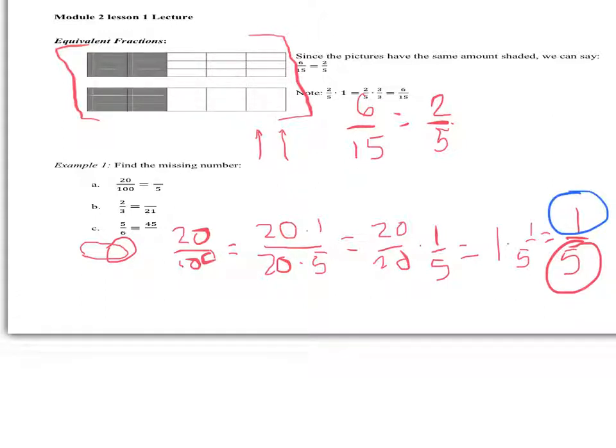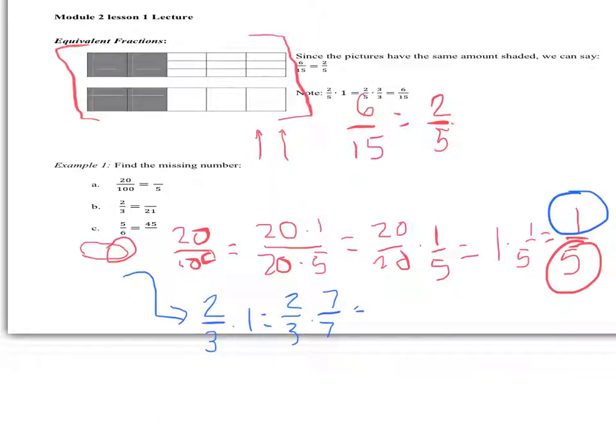Looking at part B, we have 2/3 equals blank over 21. And again, focusing on the denominators, they do differ by a factor of 7. So we can also start with our left-hand fraction and multiply it by 1 and rewrite that 1 as 7 over 7. 7 divided by 7 is 1.